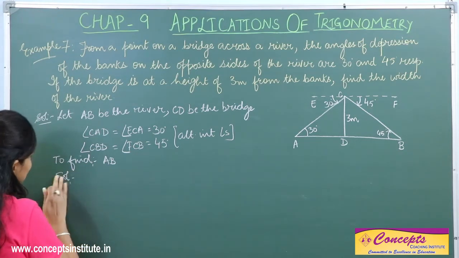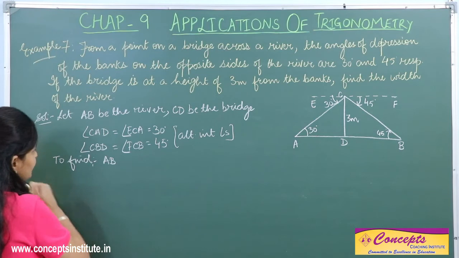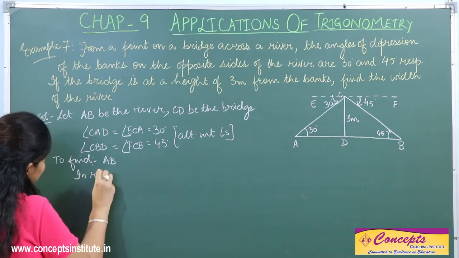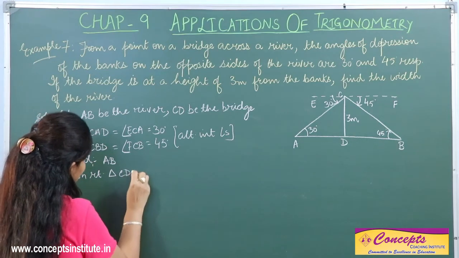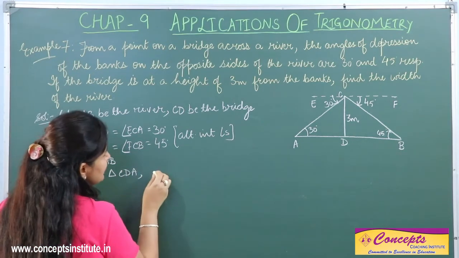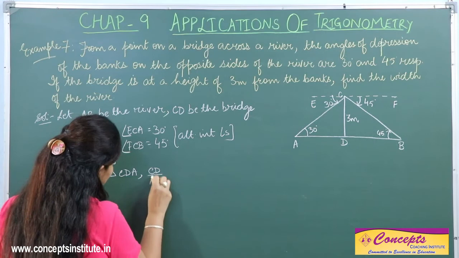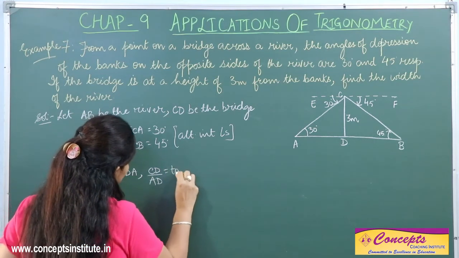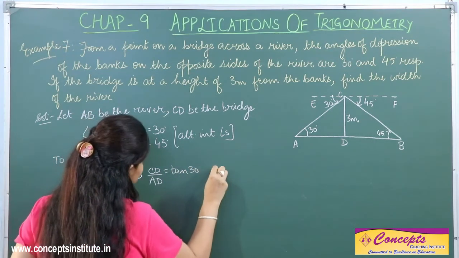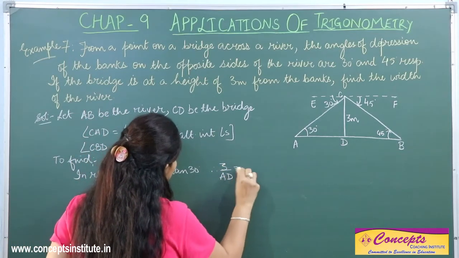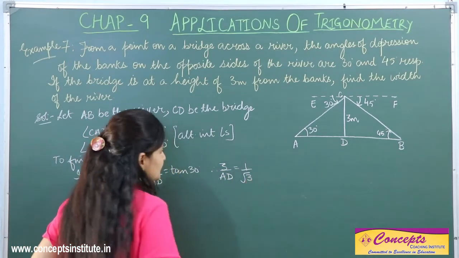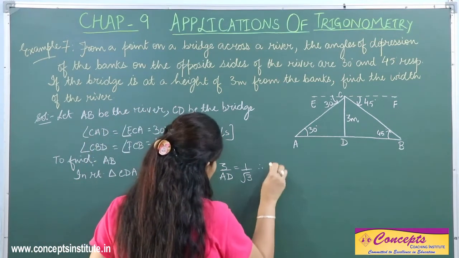Solution I have already written. So it would be in right triangle CDA, in right triangle CDA, CD upon AD, this would be equal to tan 30. So therefore CD is now 3 upon AD and tan 30 is 1 by root 3, which you are supposed to memorize.